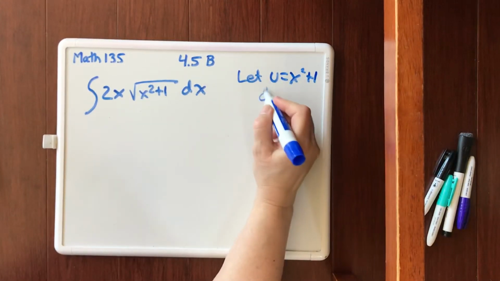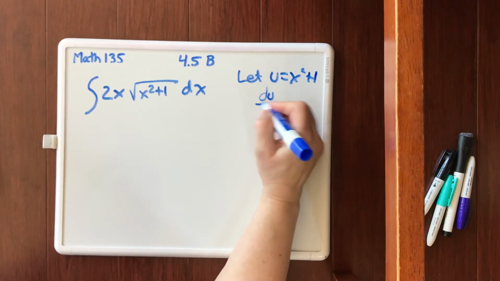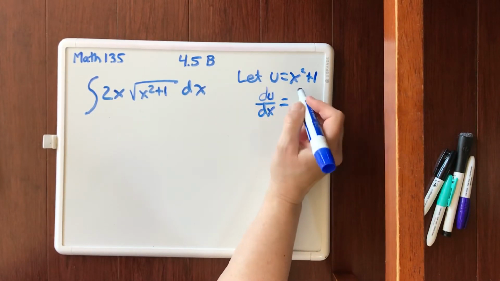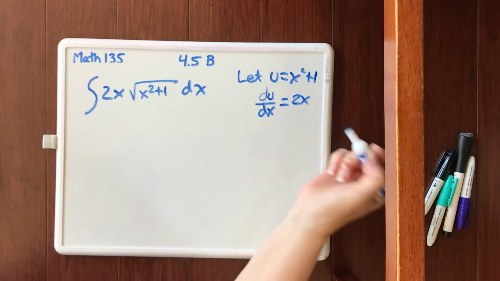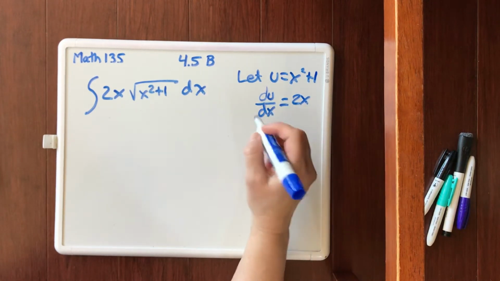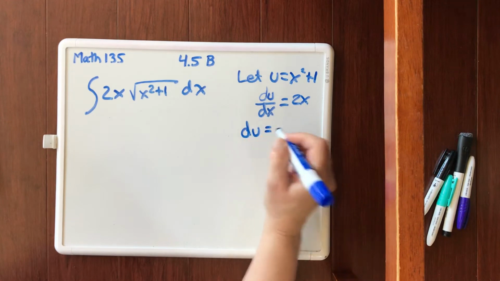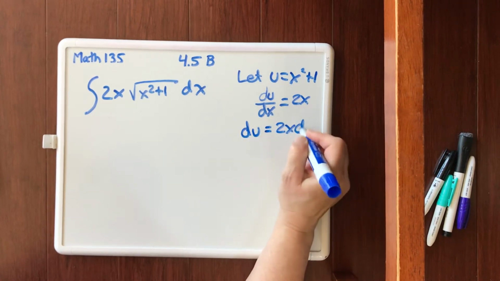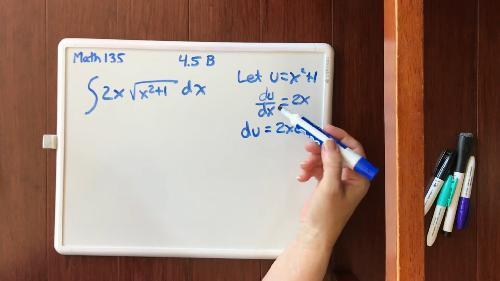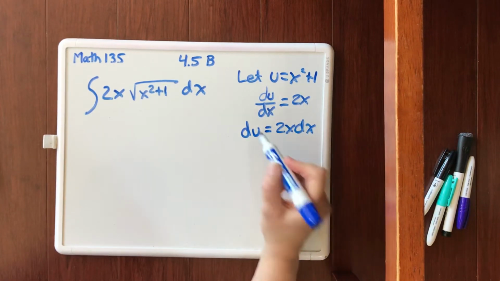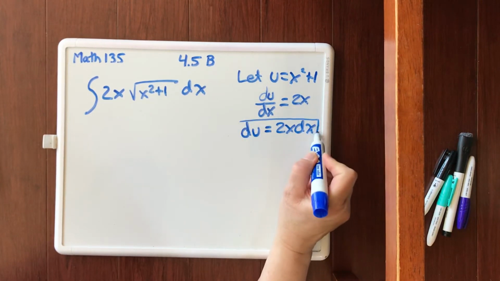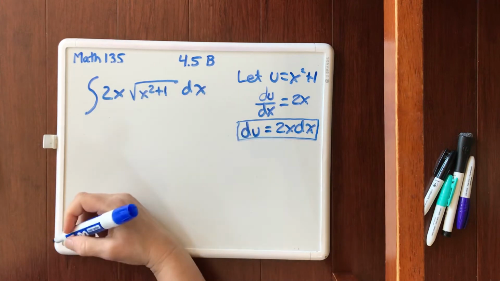Then du/dx is just the derivative, which is 2x. We're going to rewrite this, multiply both sides by dx, and we end up with du equals 2x dx. And this is what we're going to be using as part of our substitution.